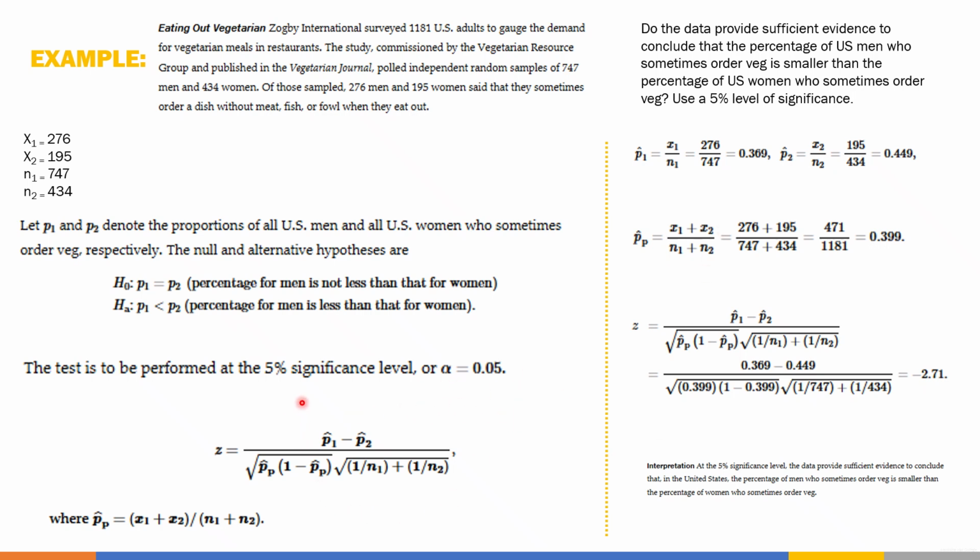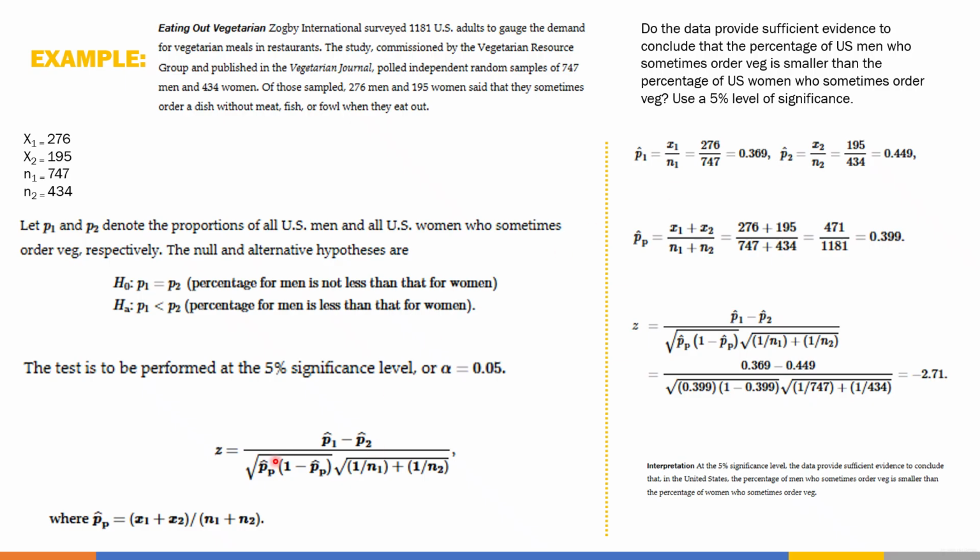So you can calculate your p hats, which is x1 over n1. Look where these numbers came from: 276 over 747. Then you do x2 over n2, 195 over 434. While you're going through this, you can start to think about the assumptions as well, and this will meet all of those assumptions.